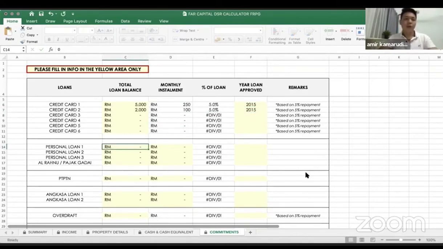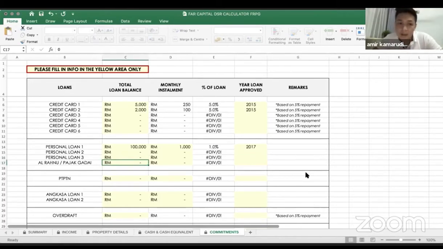Next, personal loan bagi siapa yang ada, mungkin kita letaklah 100,000. Mungkin sebulan kena bayar 1,000. Okay. Letak tahun bila diluluskan. Kalau banyak personal loan, korang letaklah banyak personal loan kat situ.